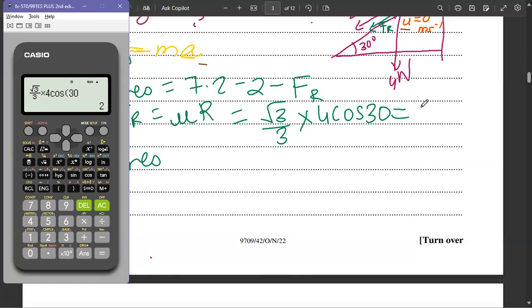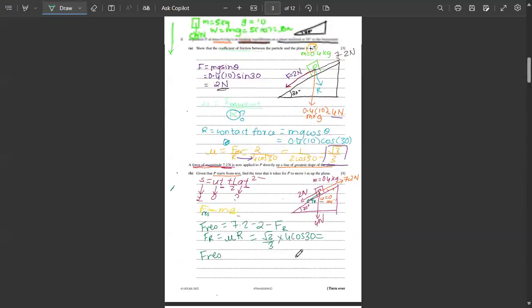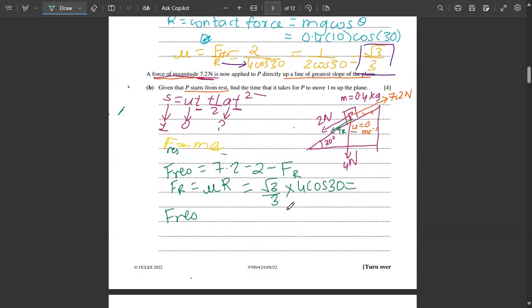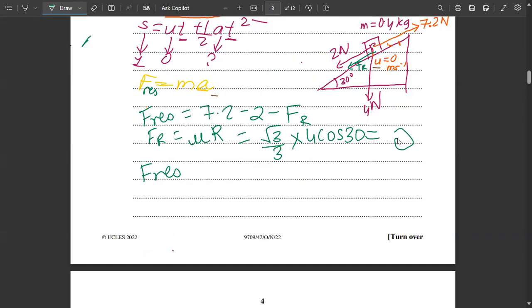The answer is 2. Yeah, so as you can see, the answer is 2 here. So let me write down 2.